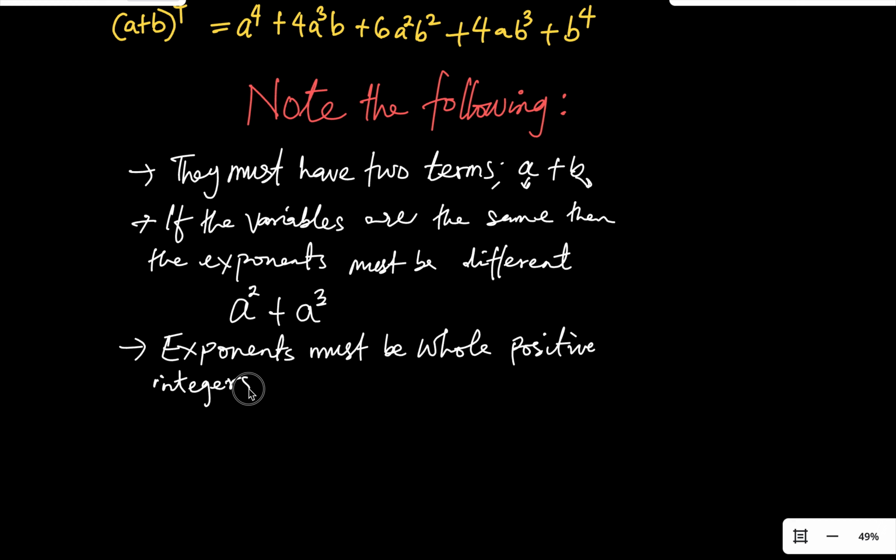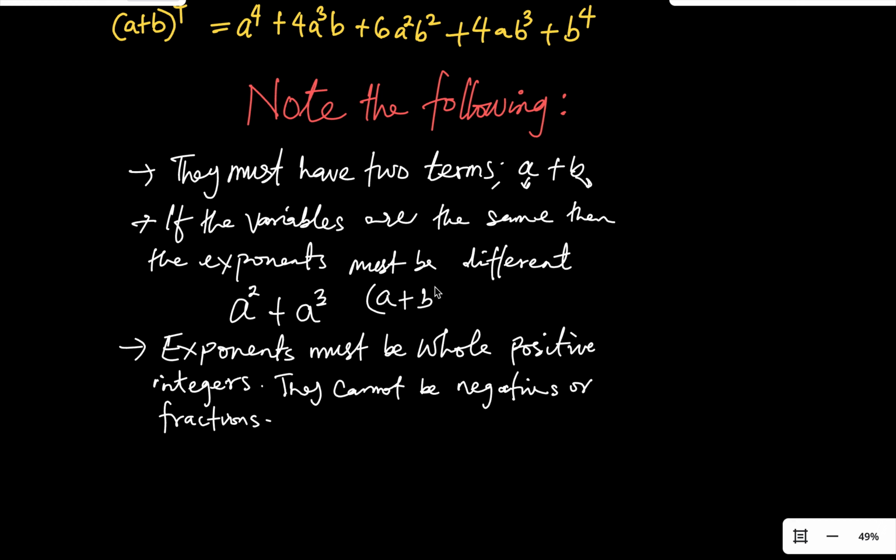Wetin this one dey talk about? E mean say they cannot be negative. E mean say I no go fit use negative integers. They cannot be negatives or fractions. They cannot be negative, it must be positive integers. I no go fit use like 2/3 or maybe a plus b to the power of 5/7, something like that.